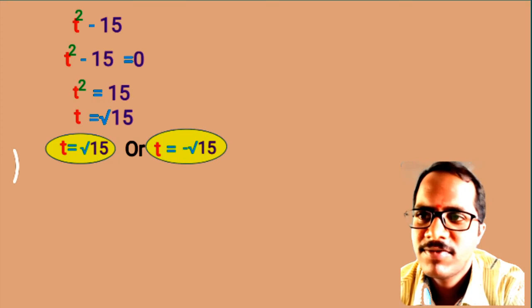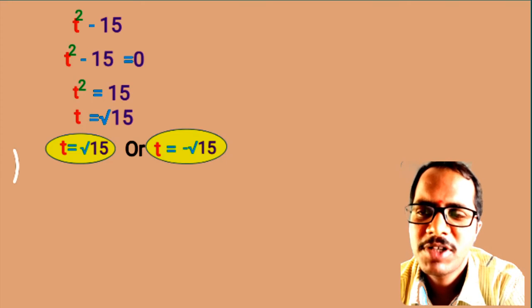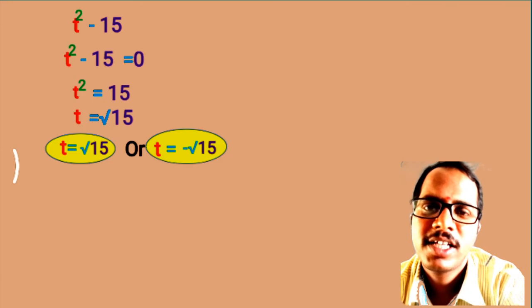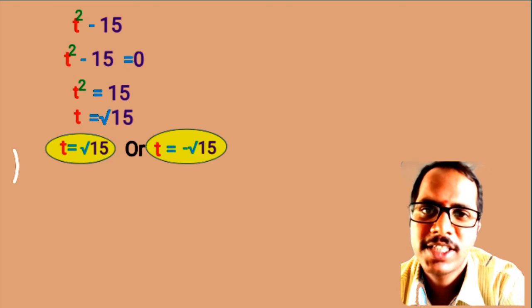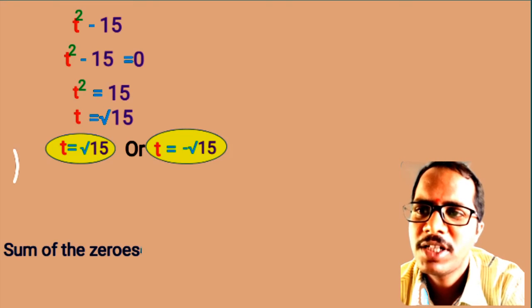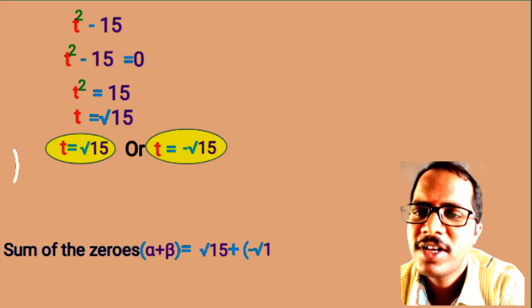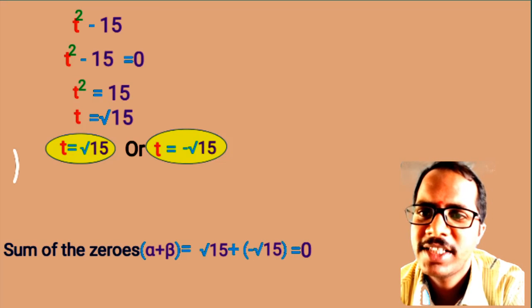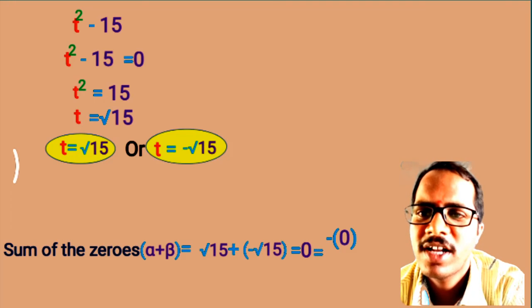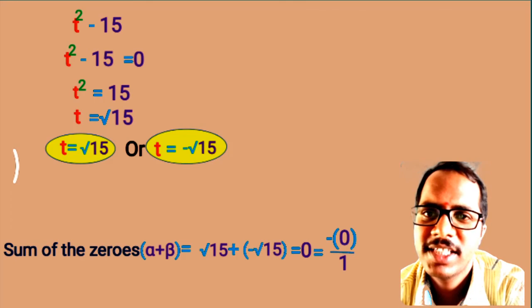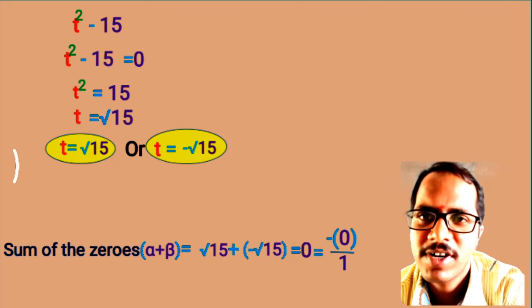Now let us take one as alpha and the second one as beta to verify the relationship between the zeros of the given quadratic polynomial and its coefficients. Now let's verify the sum of the zeros, that is alpha plus beta equals root 15 plus minus root 15, whose sum equals 0, and this 0 can be expressed as minus 0 by 1, so that we can relate this with the coefficients of the given quadratic polynomial.